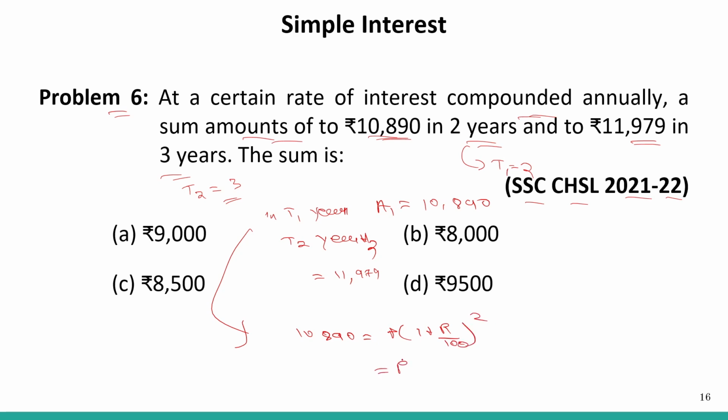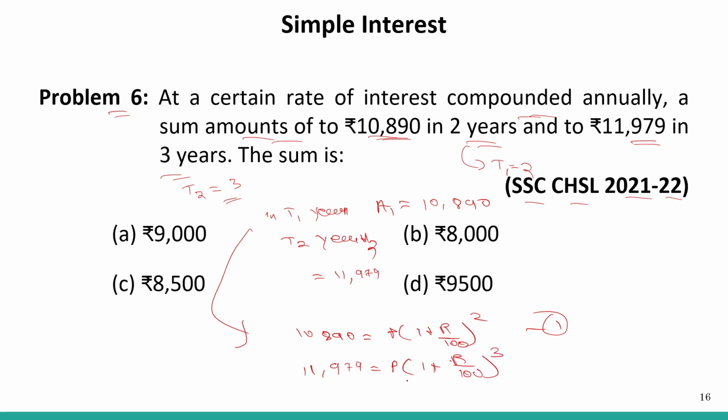P is not given to us, and the rate is also not given to us. Let this be equation 1. And the second one, in T2, that is 3 years: the sum becomes 11,979, which is equal to P into (1 plus R by 100) whole power 3.